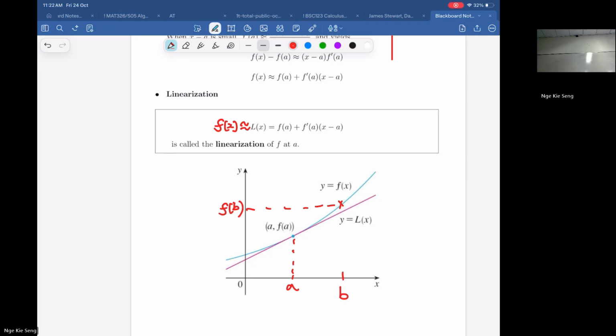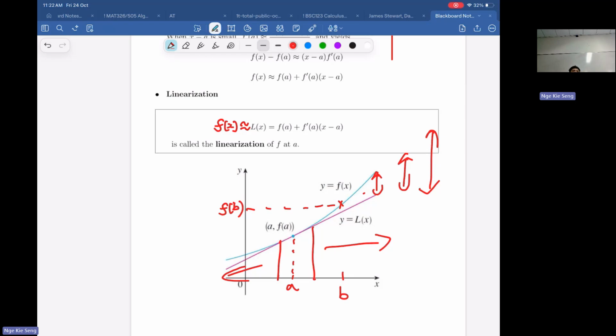Linearization doesn't work for far points, only points near to a. Near to a is a very good approximation. Away from a, the distance gets larger and larger. Nearby is okay.